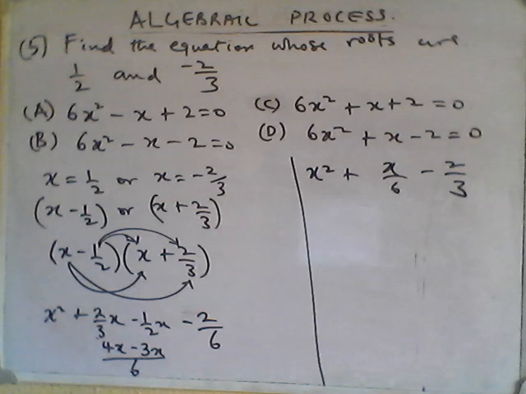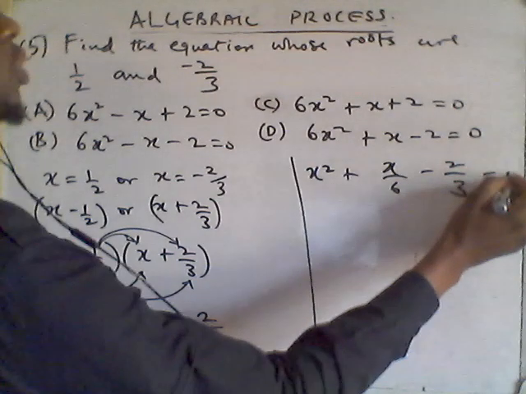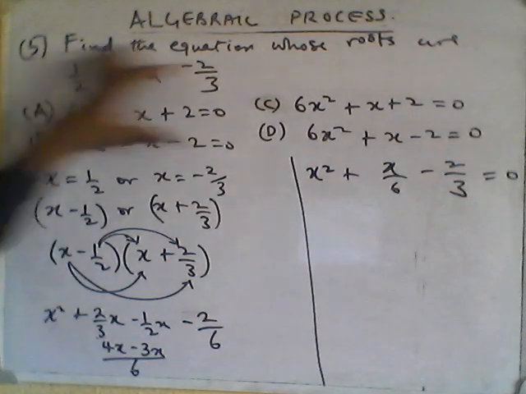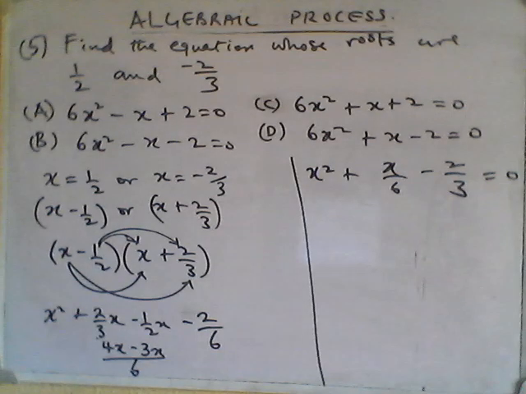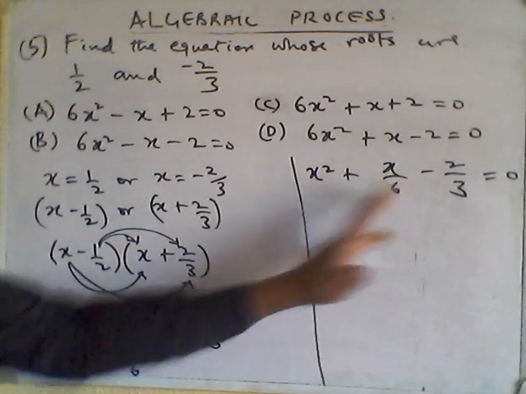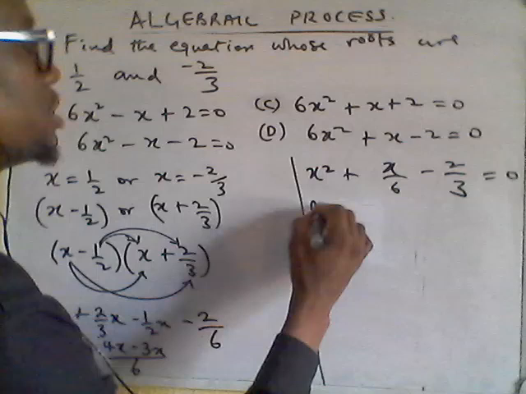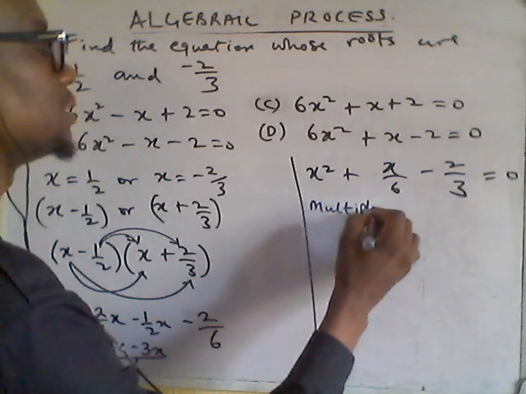Now, all equals to 0. Now, I'm looking at these options. It's not like this. So what I will do is to multiply each term by 6. Let me write it there. Multiply each term by 6.